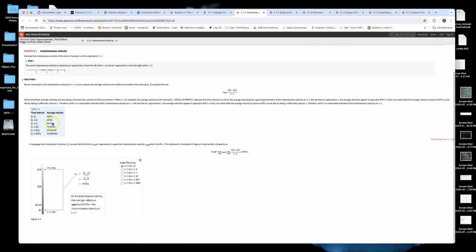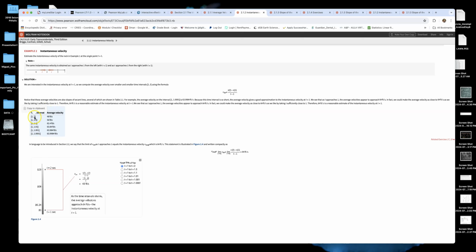So for instance, in this table they have the average velocity when the elapsed time goes from 1 second to 2 seconds. And you know how to compute the average velocity because we did that in the previous section. Now they keep 1 in all these measurements, but look at what is happening.